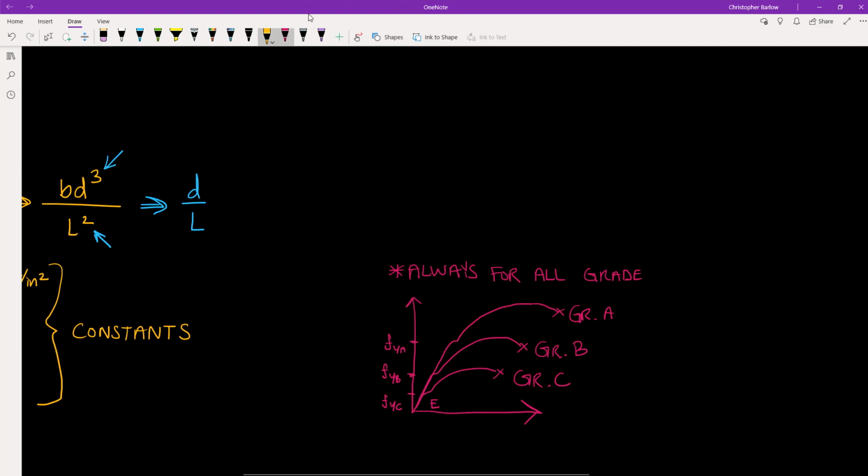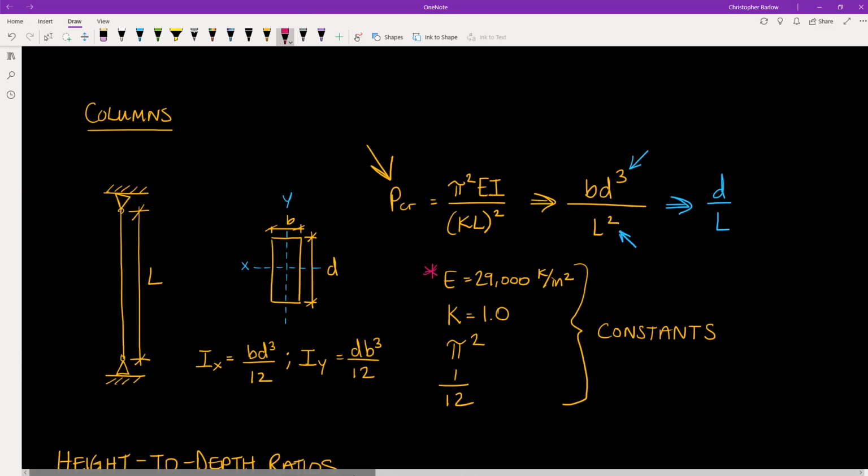So if we look at a stress-strain curve for steel, you'll note that we can have different grades of steel based on the yield strength, which may change, but the E, the slope of the elastic portion of the line, will always be the same. So the modulus of elasticity, the stress over the strain for the elastic portion of the curve, for steel is always 29,000 kips per square inch. And so, that E value is another constant in our formula.